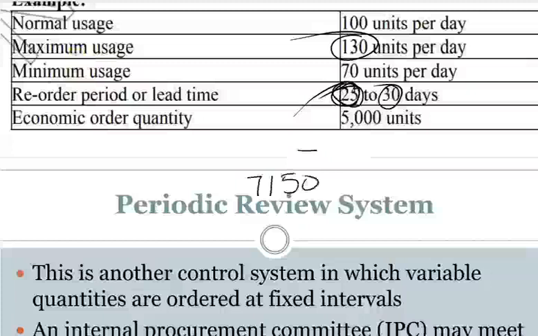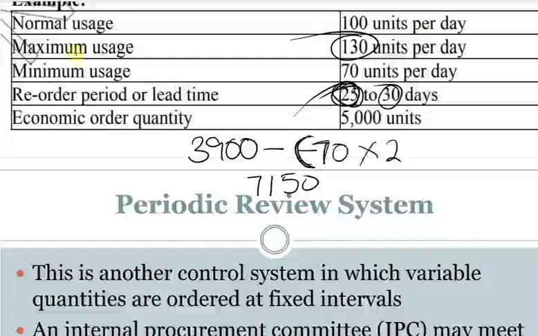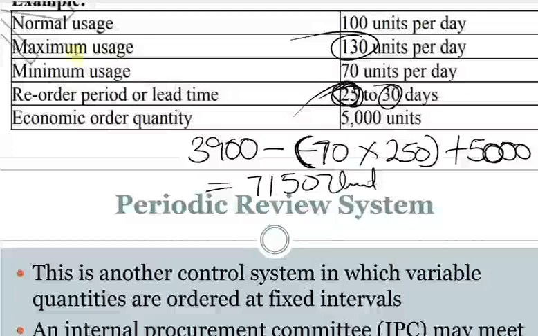So we're saying reorder level, which is 3,900, minus the minimum usage, which is 70, times the minimum lead period, which is 25, plus economic order quantity, which is 5,000 units. So the answer is 7,150. So this is the maximum level.